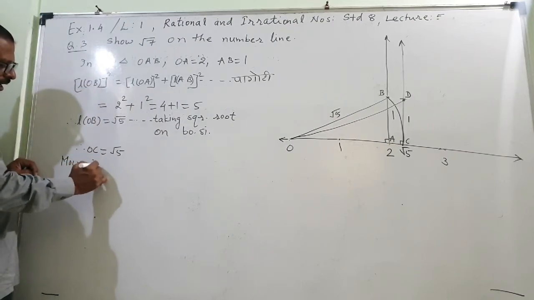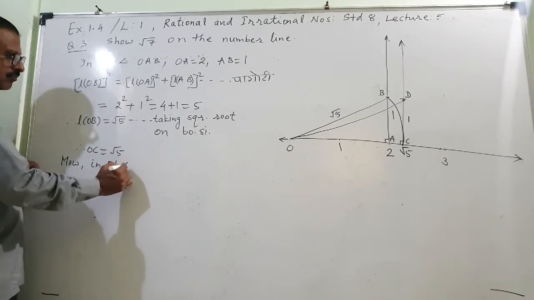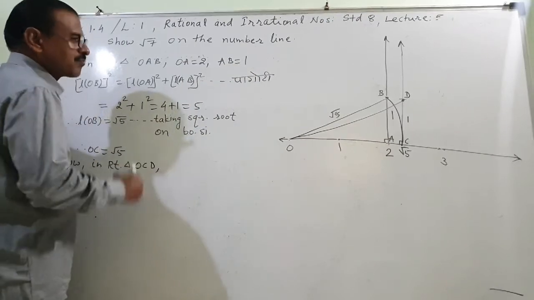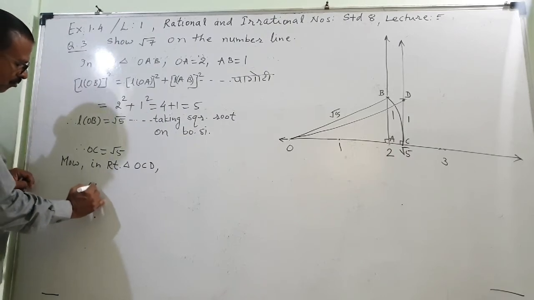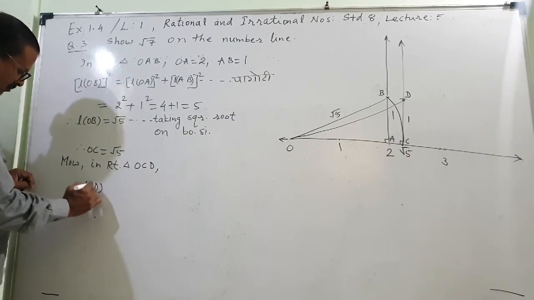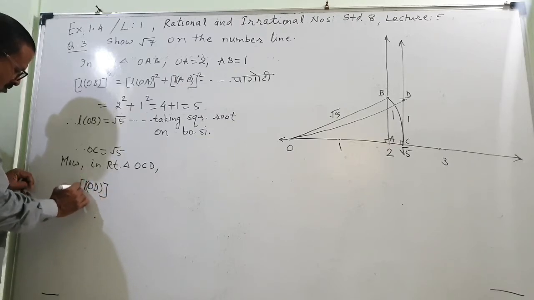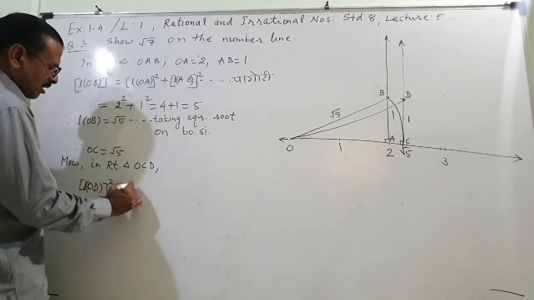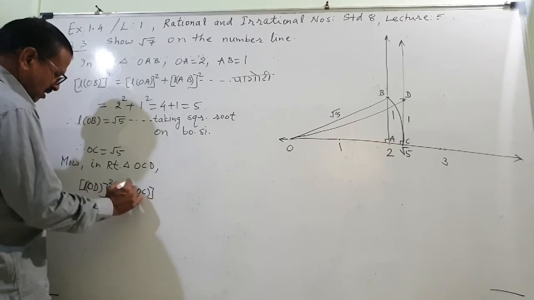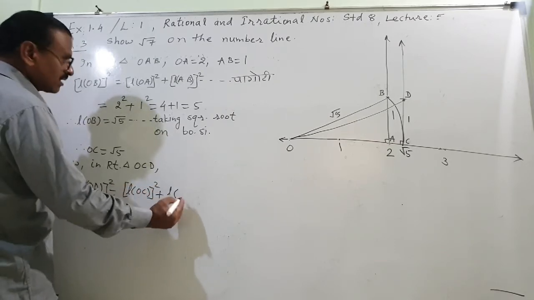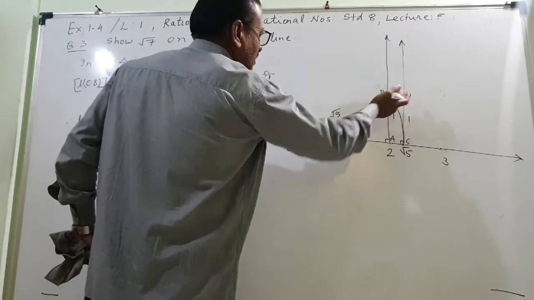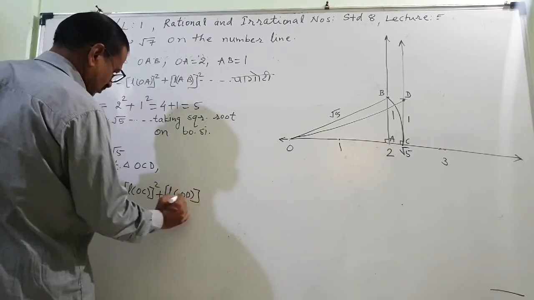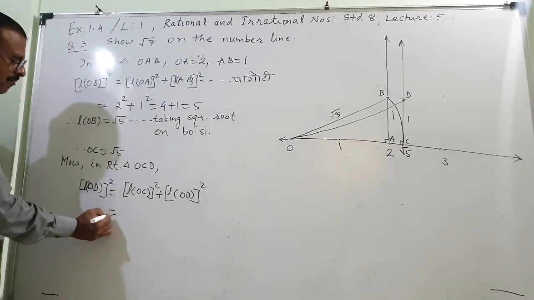Now in right triangle OCD, OD square is equal to one side OC square, length OC its square, plus the other side, length CD square.